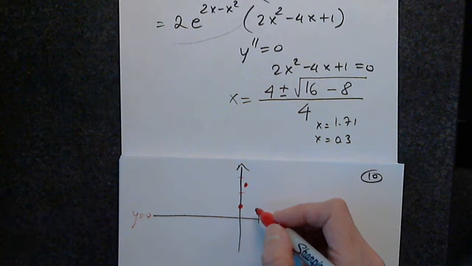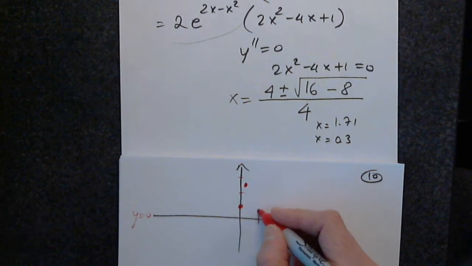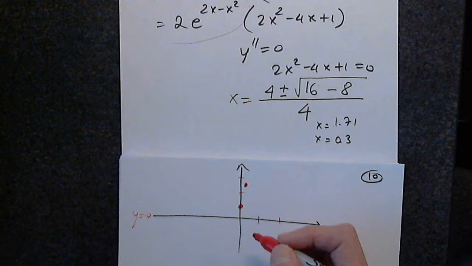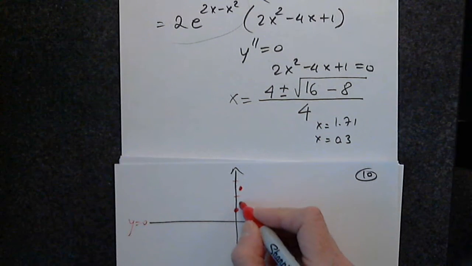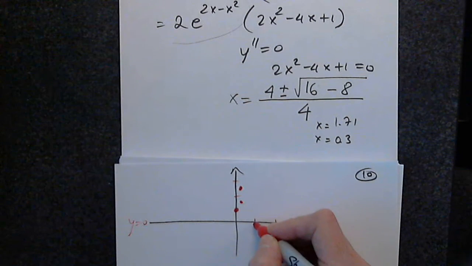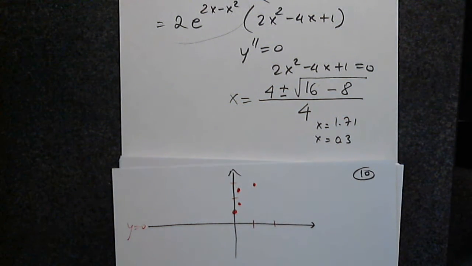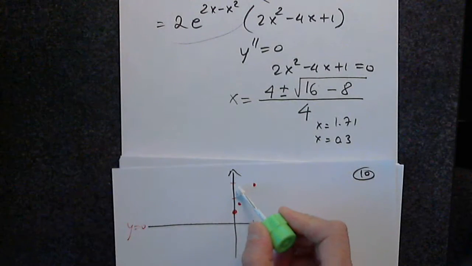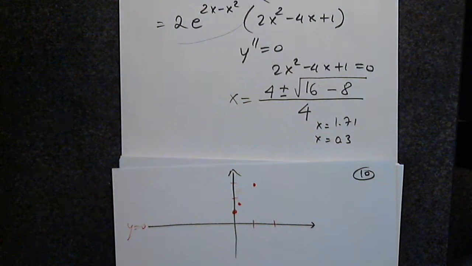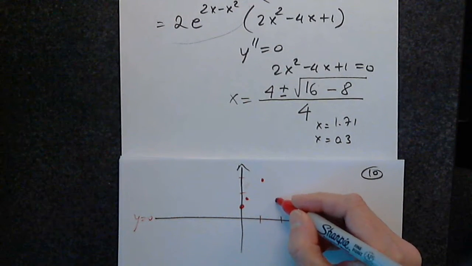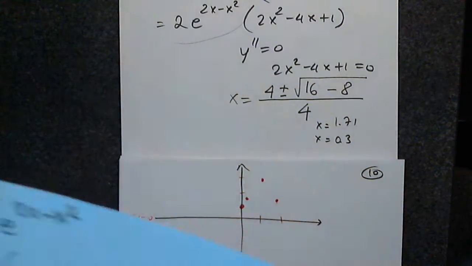And at 1 it is 2.7. And at 1.71 it is 1.64.